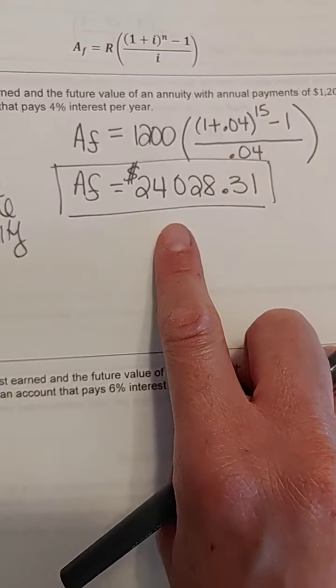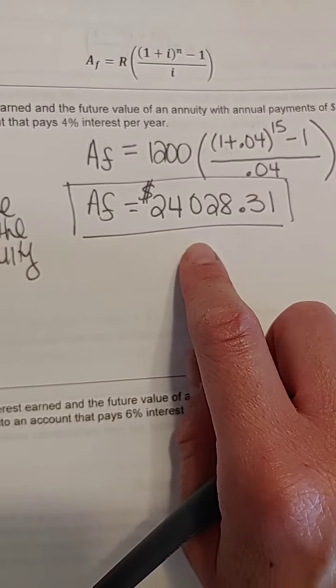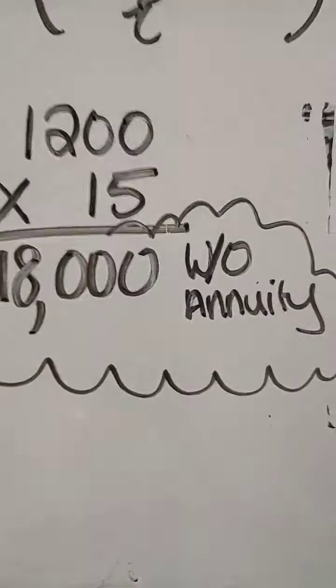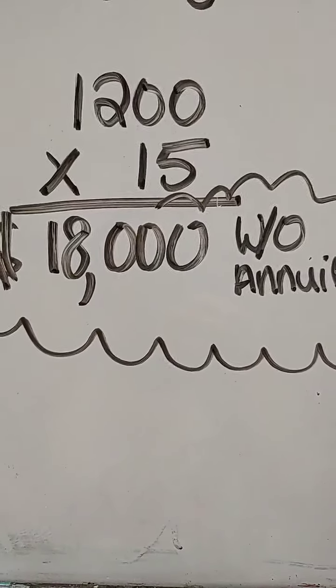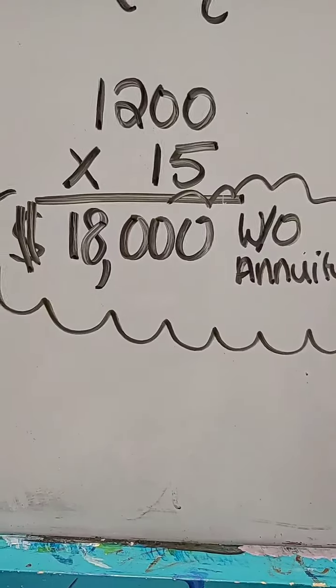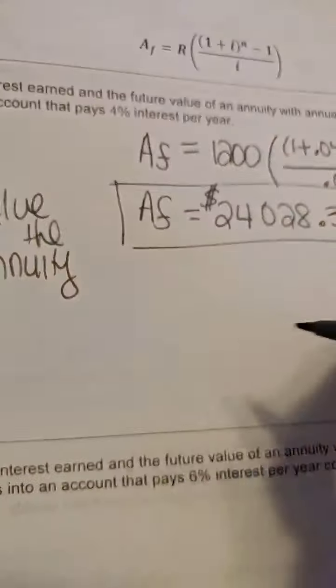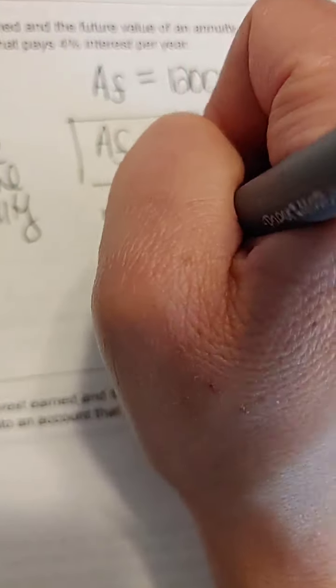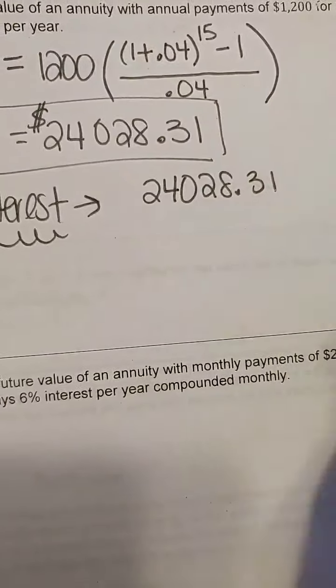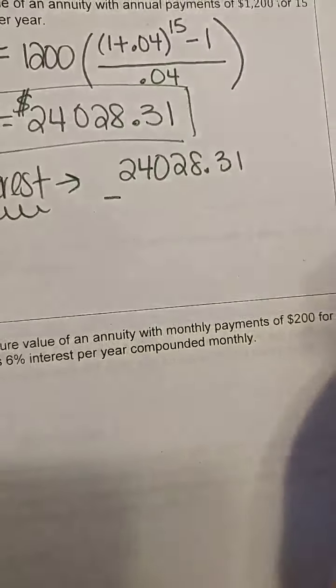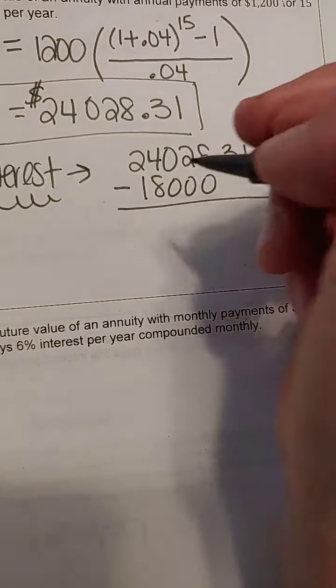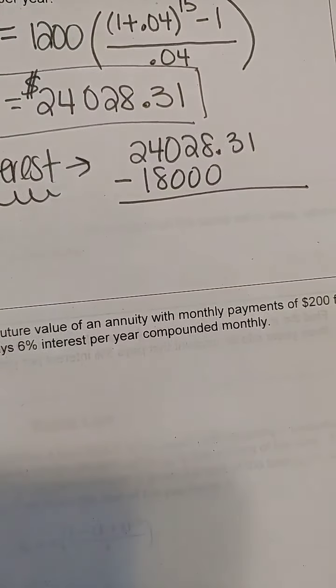All right. Now, if I did not invest in the annuity, remember, without the annuity, I would have had $18,000 in that envelope in my house. So in order to figure out how much interest I made, I have to take the amount of money the annuity is equal to, and I have to subtract the amount of money that I put into it because I already invested $18,000 into this annuity.